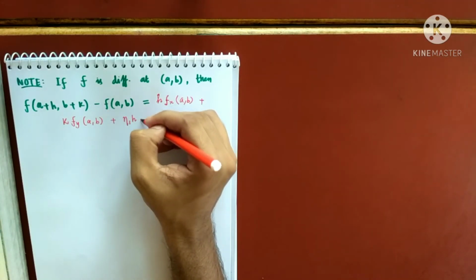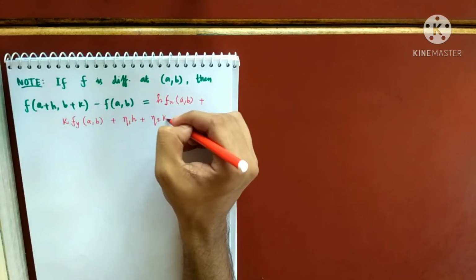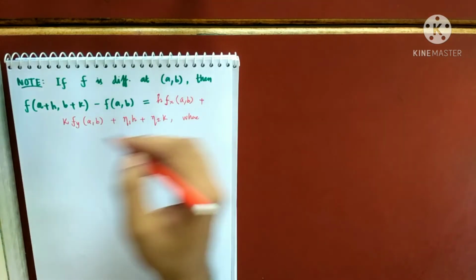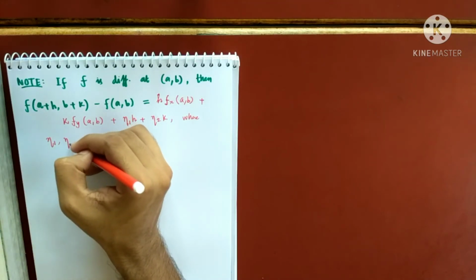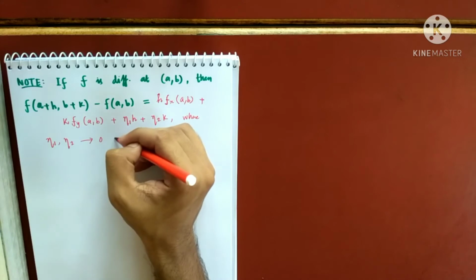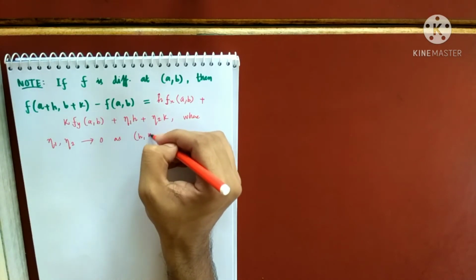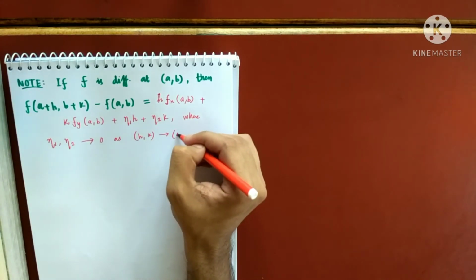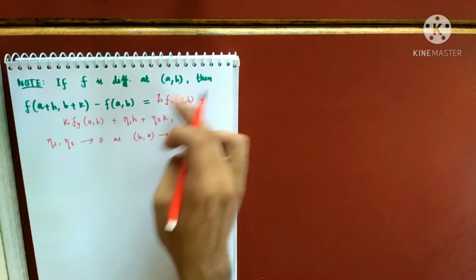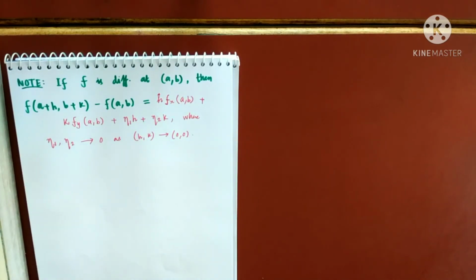Plus eta 1 h plus eta 2 k, where eta 1 comma eta 2 go to 0 as h comma k go to 0, 0. Did you get my point? Why? How can I write this? Yes.